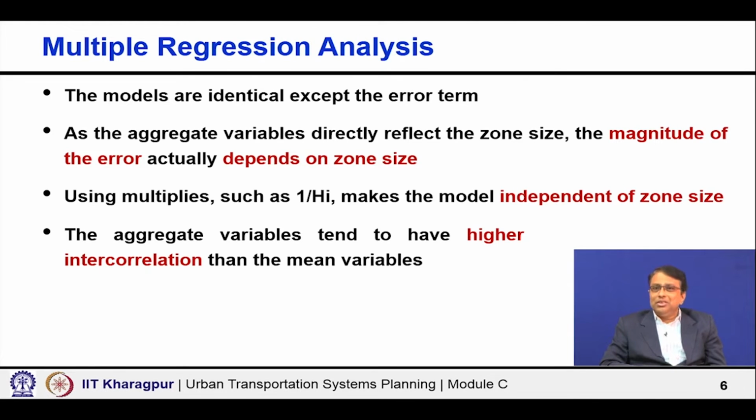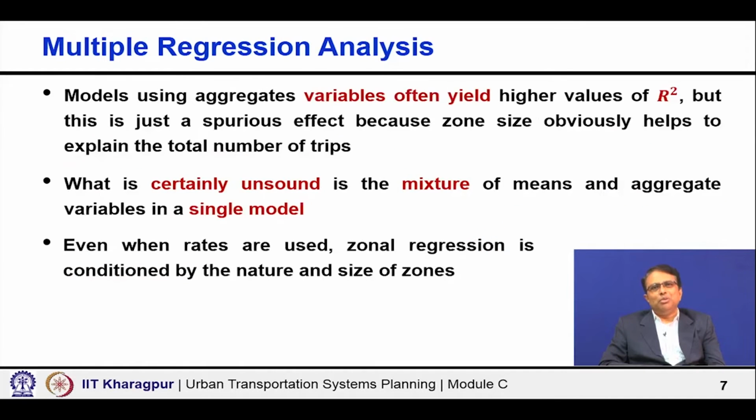So these are very interesting aspects one has to bear in mind, and that is why just getting something out of the data is not enough. The computer will tell you the correlation value and the R square value, but the interpretation is very, very important. One more interesting thing I would like to say about this zonal based model is the next point: models using aggregate variables often yield higher R square.